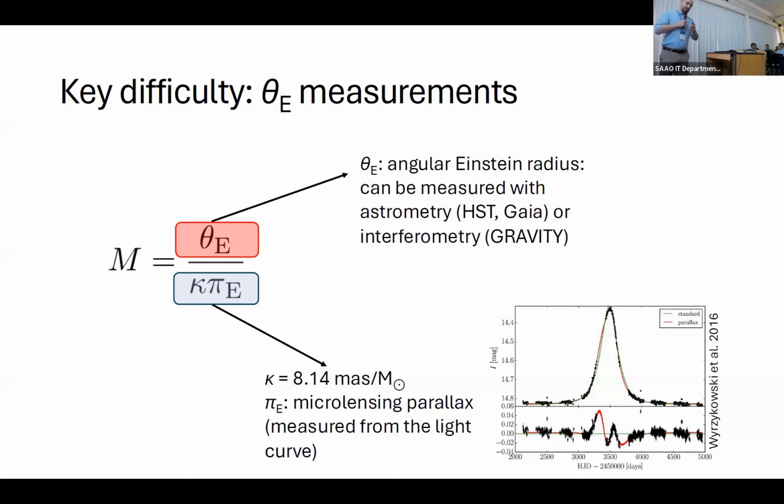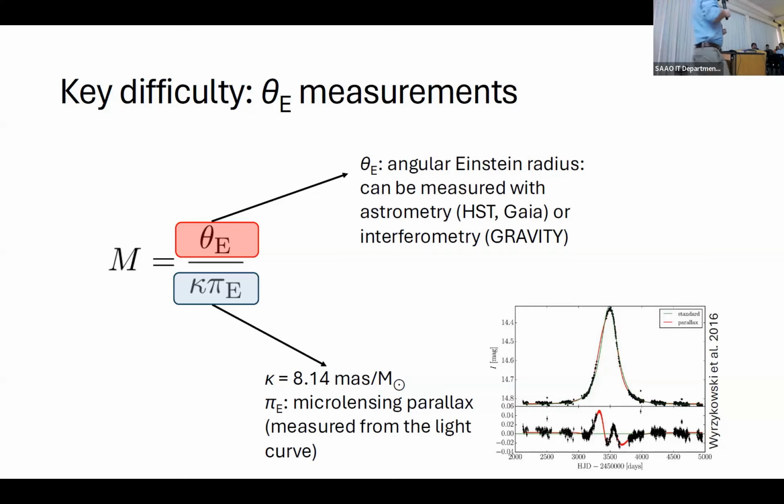So why is that? Of course, the problem is that mass measurements in gravitational microlensing require measurements of 2 quantities: the microlensing parallax, which can be measured from the light curve of the event, for example, distortion of the light curve due to motion of the Earth around the Sun. But they also require measurements of the angular Einstein radius, which are much more difficult, especially for the dark lenses, such as black holes or neutron stars.